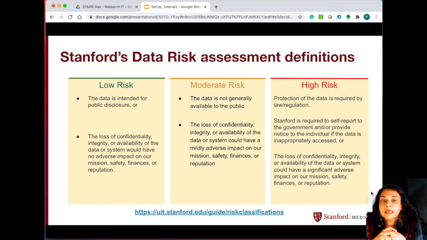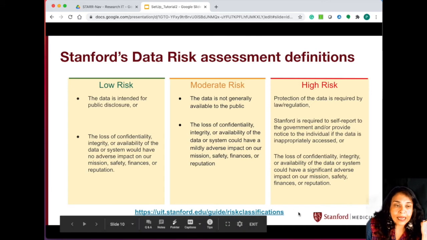High risk data is protected by law, and Stanford is required to self-report to the government and/or provide notice to the individuals if this data is inappropriately accessed. And the loss of confidentiality, integrity, or availability of this data could have a significant adverse impact on Stanford's mission, safety, finances, and reputation.